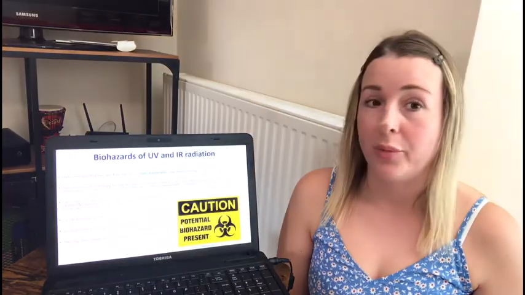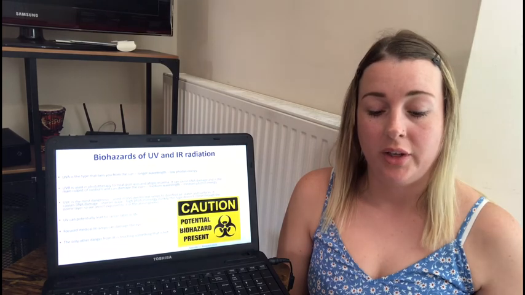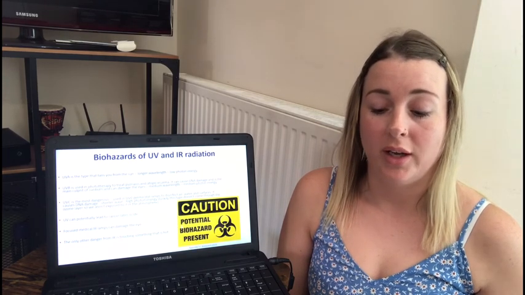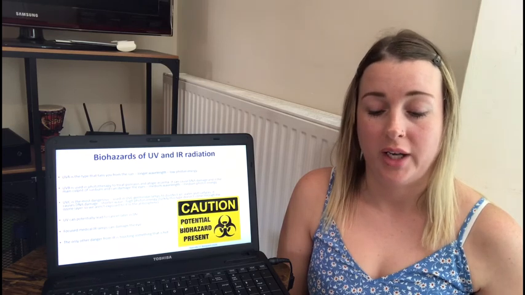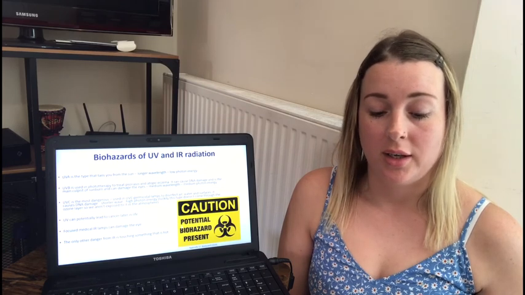And then we have the biohazards of UV and infrared radiation. UVA is the type that tans you from the sun, so that has a longer wavelength and a lower photon energy. UVB is used in phototherapy and to treat psoriasis and atopic eczema. It can cause DNA damage and is the main culprit of sunburn and blistering from the sun and can damage the eyes.